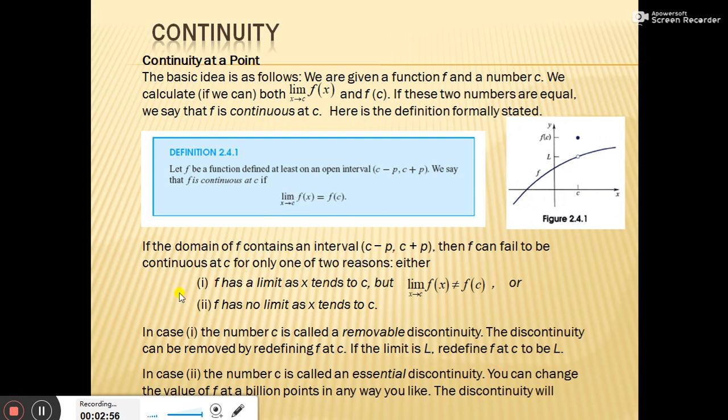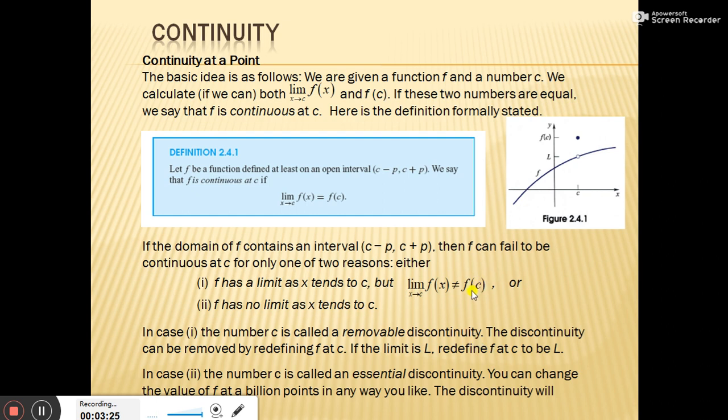That means we have two main reasons why a function fails to be continuous. The first one is that the limit as x tends to c of f(x) is not equal to f(c), or f has no limit as x tends to c. When the limit as x tends to c of f(x) does not equal f(c), this type of discontinuity is known as removable discontinuity.